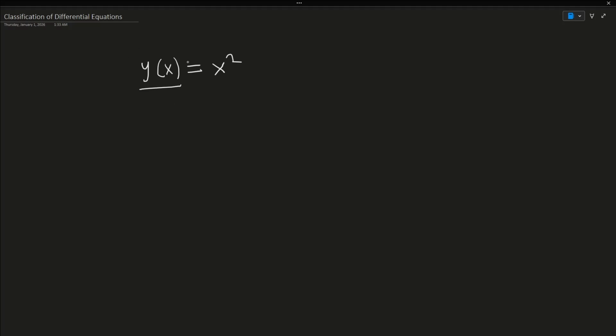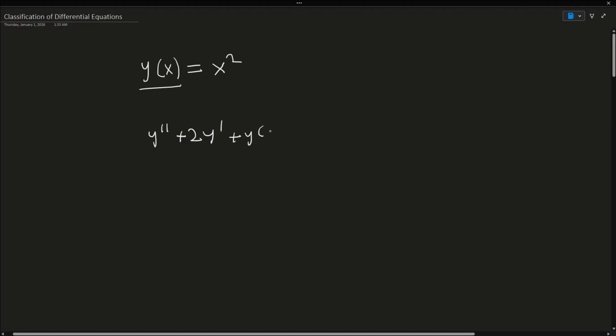A differential equation is where we make use of this y of x function and its respective derivatives inside this function. So we could have something like y double prime plus 2y prime plus y of x, or just y, because most of the time when we're writing differential equations and we write y, we actually mean y of x, and when we mean y of x, we mean x squared.